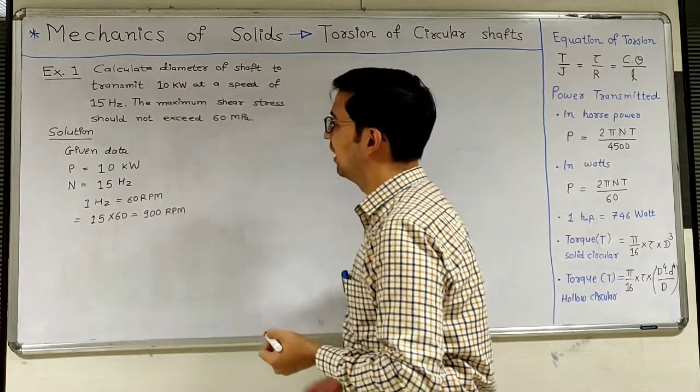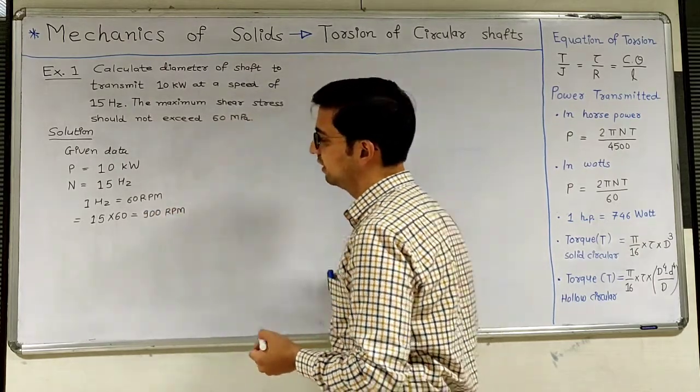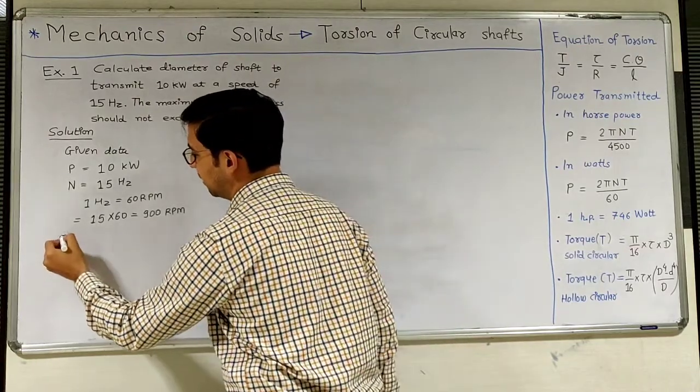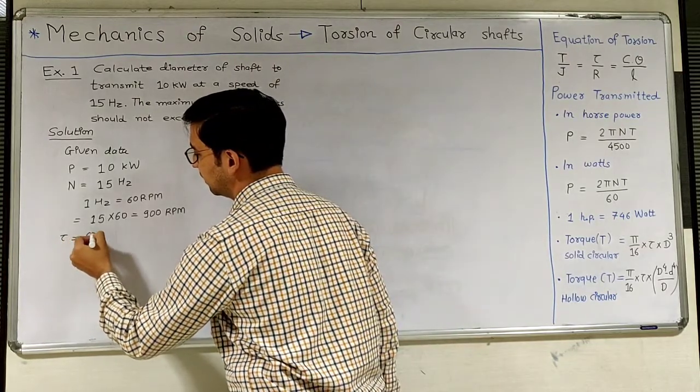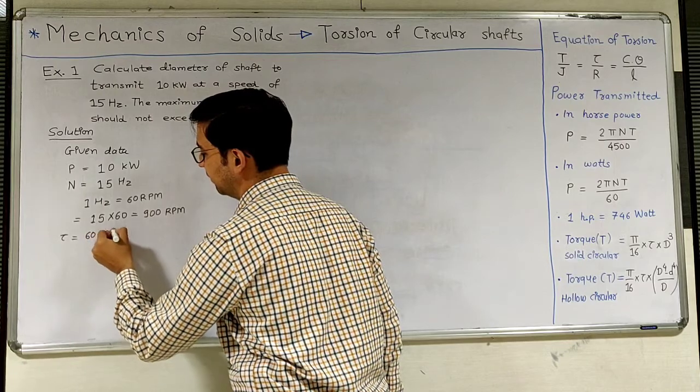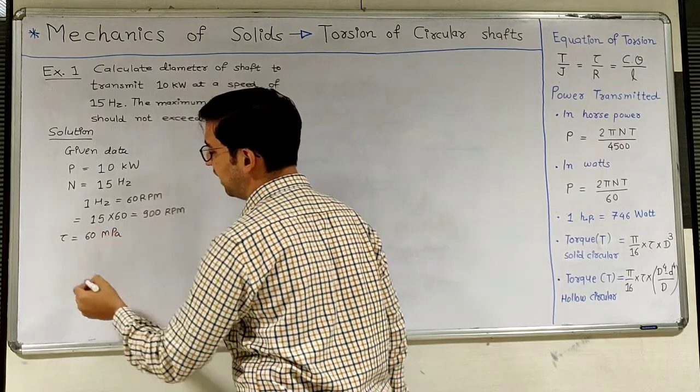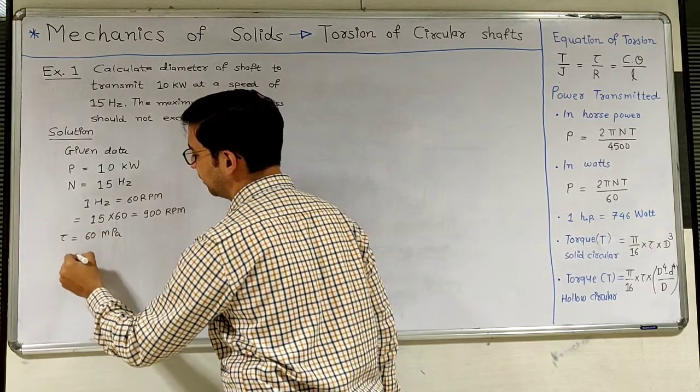Next data is given about shear stress, indicated by tau, which is given 60 megapascal. Here we need to find the diameter of the shaft.